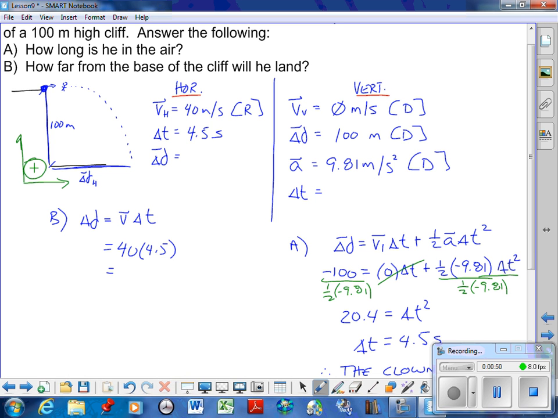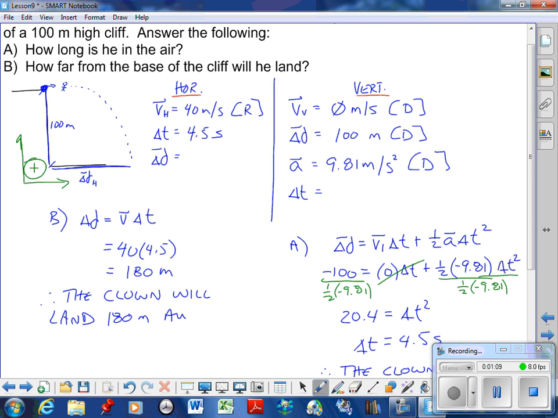We get 180 meters. So therefore, the clown will land 180 meters away from the base.